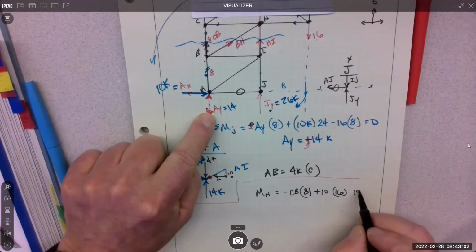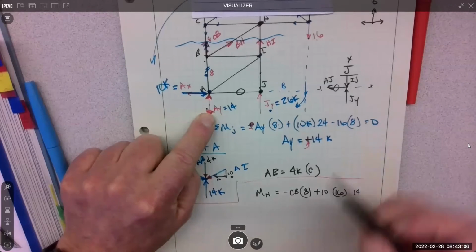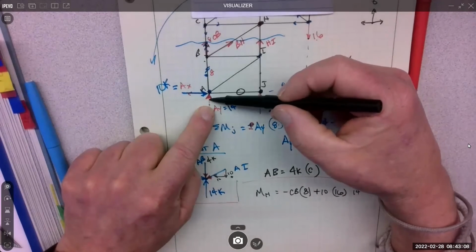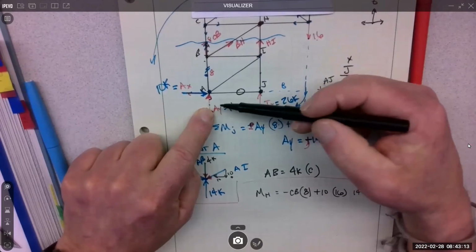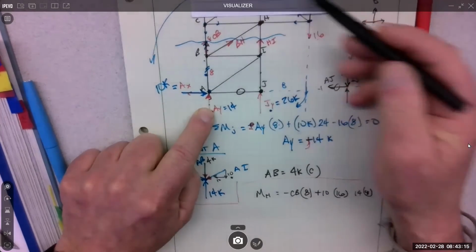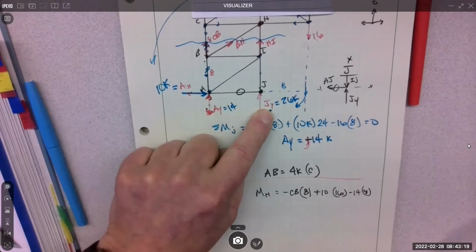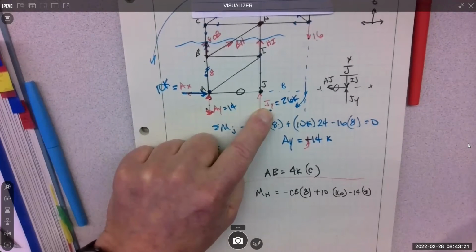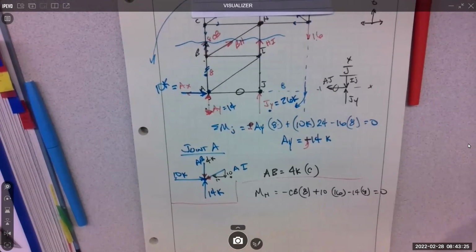AY, which is 14, times 8, and rotation, negative. And JY, no. Anything else? I think that's it.